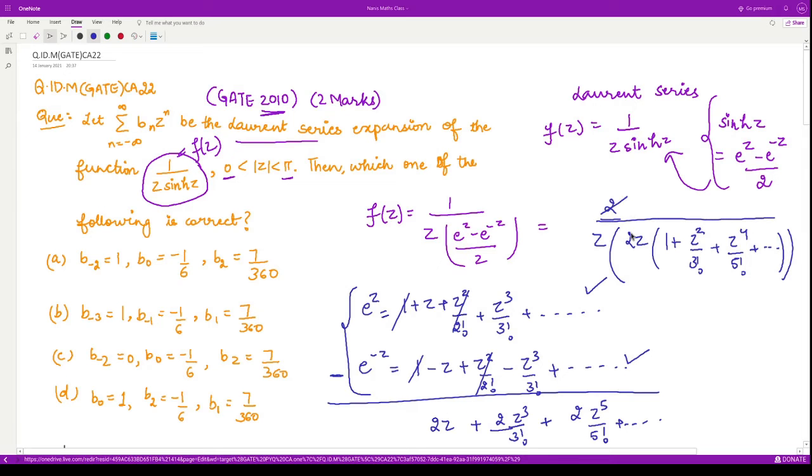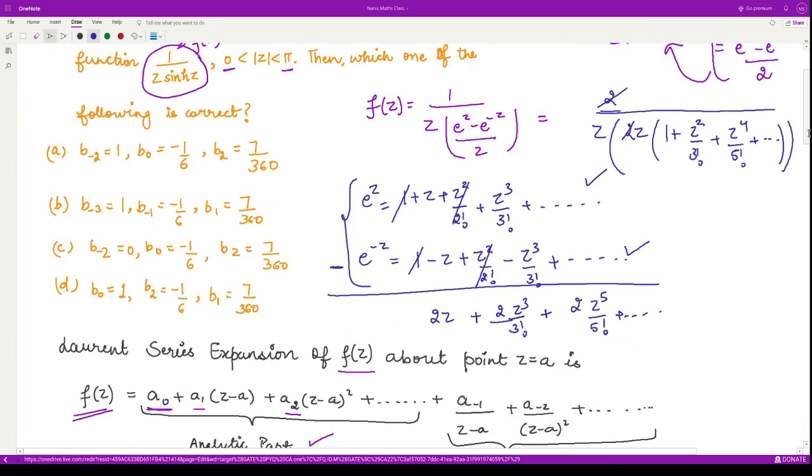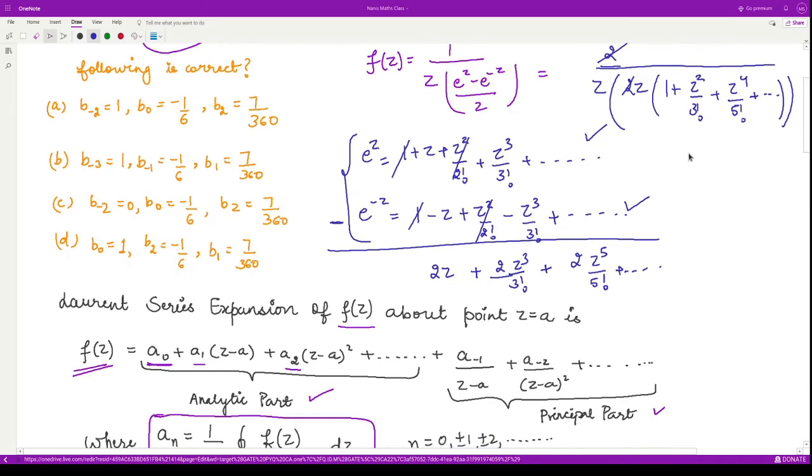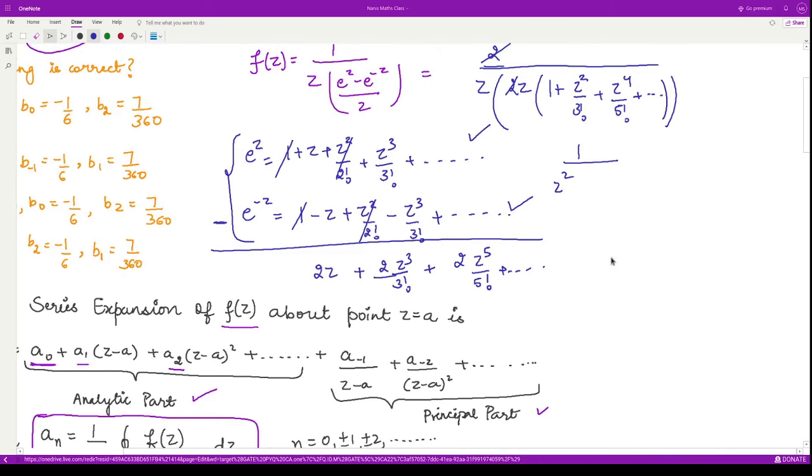From here this 2 and 2 cancel. So we would have something like this: 1 by z square, and then we would have 1 plus z square by 3 factorial plus z raised to power 4 by 5 factorial and so on.